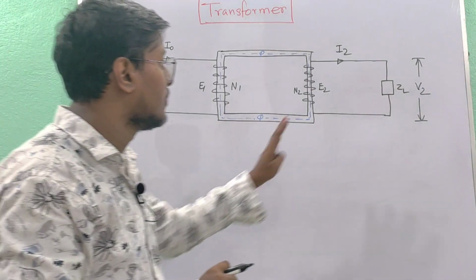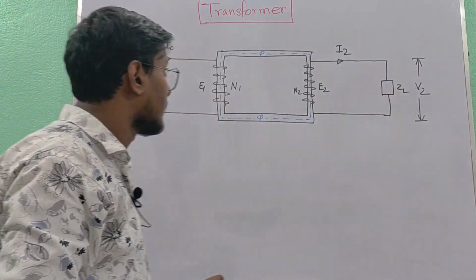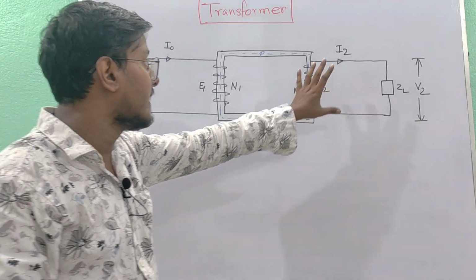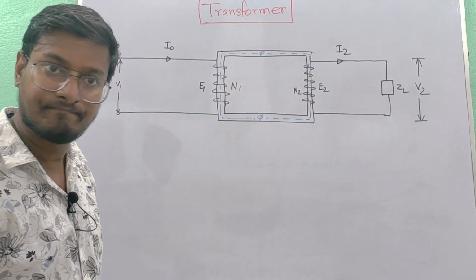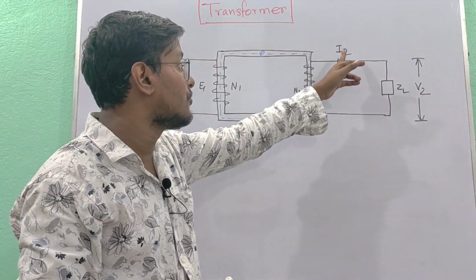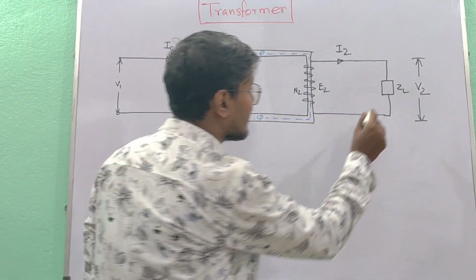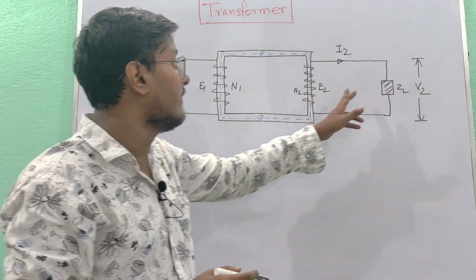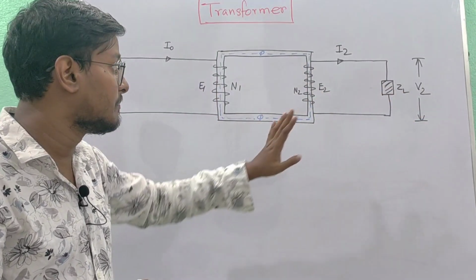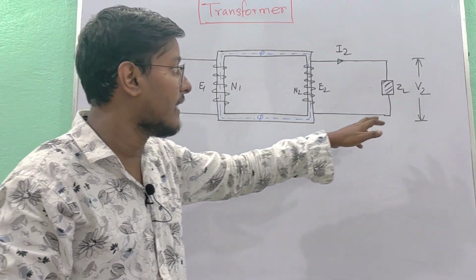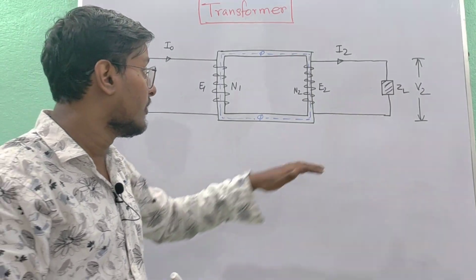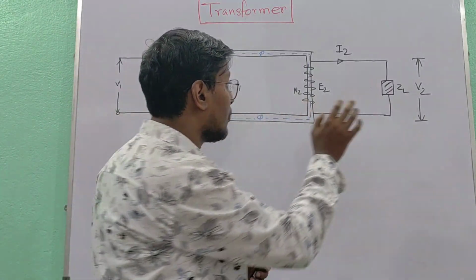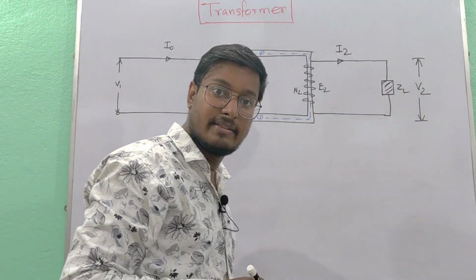So when the secondary is loaded, secondary current I2 will be set up, and the phase and magnitude of I2 will depend on the nature of this load. It will be in phase with V2 if it is purely resistive. It will lag V2 by 90 degrees if it is purely reactive, and it will lead V2 if it is capacitive. So the nature of the load will determine the phase of I2.